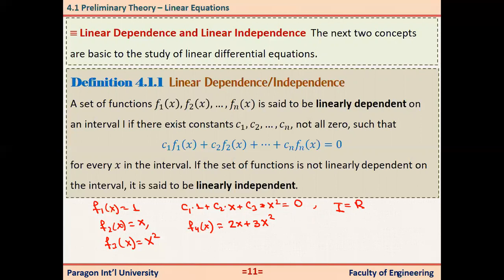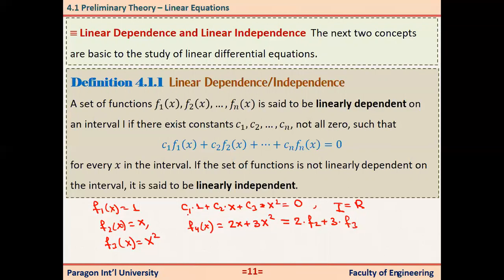When we talk about a bunch of functions, if they are linearly dependent, it is possible that at least one function can be expressed as a linear combination of the remaining functions. As you see here, this function is simply a linear combination of f2 and f3, right? If I multiply f2 by 2 and f3 by 3, it's just equal to 2 times f sub 2 plus 3 times f sub 3, right?